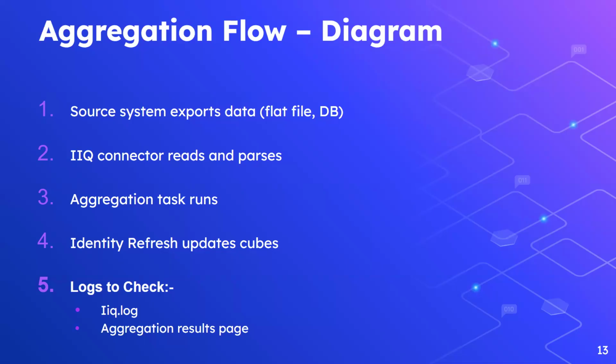And the identity refresh task updates the cubes. All of the changes that occur should now be visible to the admin and the users inside the identity cube as well. And we need to make a habit of checking the logs if any exception is there. For that, IQ.logs or SailPoint.logs are there, which we need to configure in our system as well.